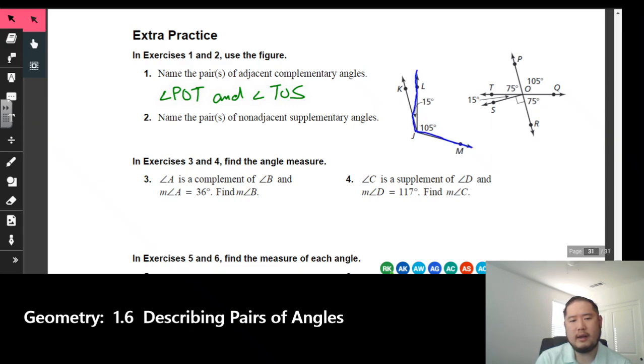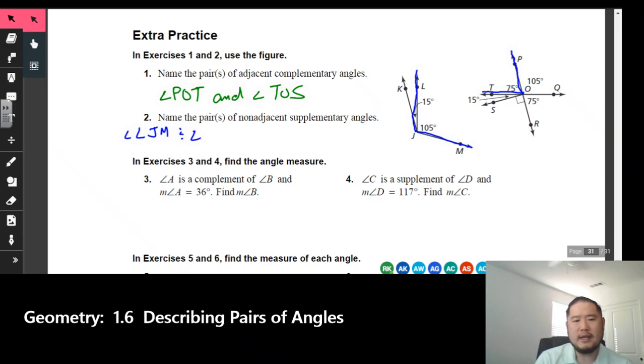One answer would be angle LJM and angle, well, if LJM is 105, I need some other angle to add up to 180. So another one would be LJM, and we can go ahead and say 105 plus 75. That right there will get me 180 degrees.